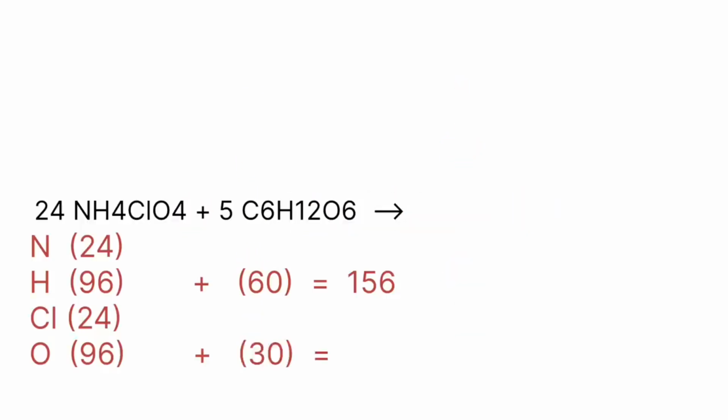So you've got 6 oxygens out of the glucose. You've got 5 total glucose, right? So that means you're doing 5 times 6 is 30. So now you're going to add your total oxygens from your ammonium perchlorate and your total oxygens from your glucose. That's going to be the 96 plus 30, and that's going to give you a total of 126. So you have 126 oxygens.